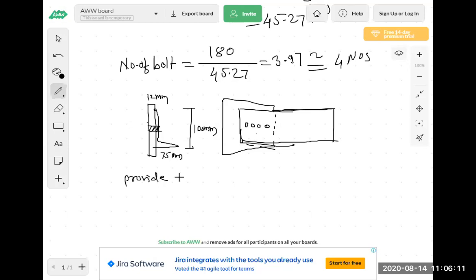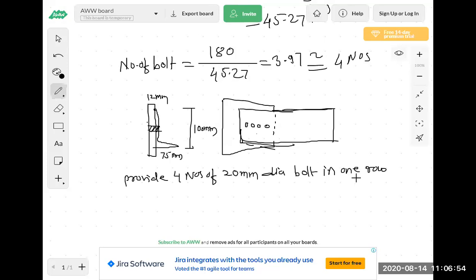If you write provide 4 numbers of 20 mm diameter bolts, see, this sentence you have to write as an engineer or as a designer. Here four bolts came, so you have to write the sentence here: provide 4 bolts of 20 mm diameter in 1 row or 2 rows.